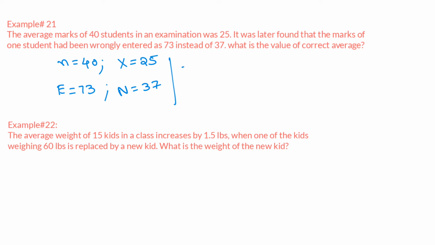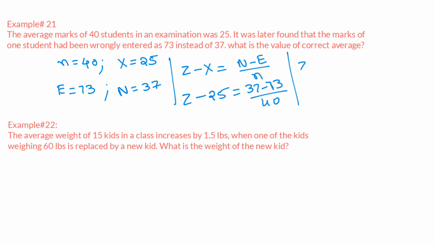Let us obtain z minus x, which is equal to n minus e over small n. And here z, that is the correct average, and x is 25, and the value of n is 37, and e value is 73 over n is 40.